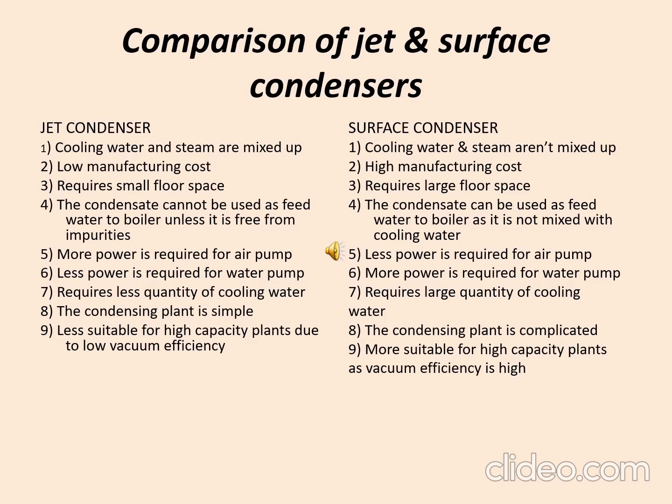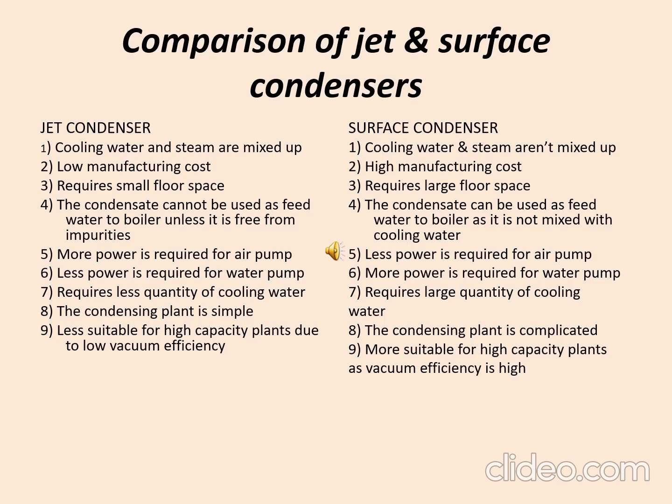Okay. Then next, in jet type more power is required for the air pump. Then in surface condenser less power is required for the air pump. Then in jet type less power is required for the water pump, but here more power is required for the water pump.